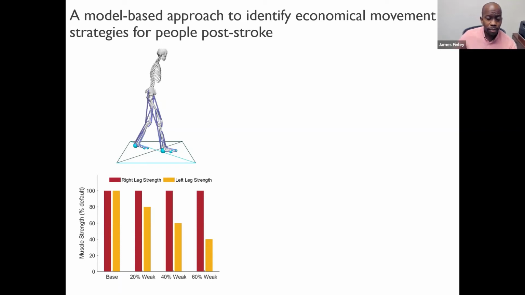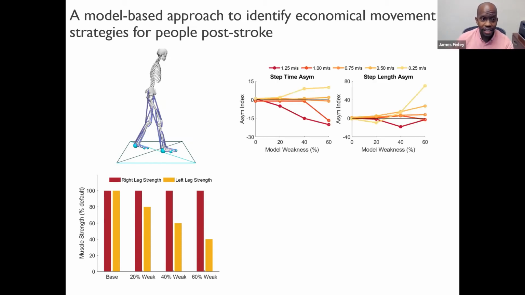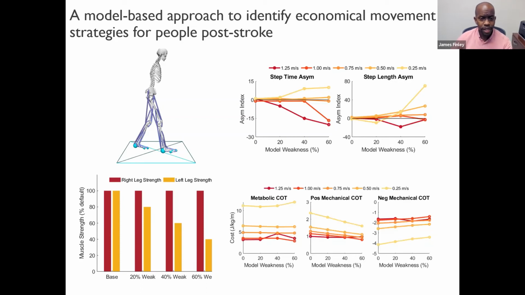And so this is work from a postdoc in the lab, Russell Johnson, where we begin to use simulation-based tools that allow us to, for instance, here, simulate someone with hemiparesis, and then ask what are the energy optimal or least effortful walking patterns for that simulated individual. And this makes predictions about how things like asymmetry and energy costs should change as weakness increases.